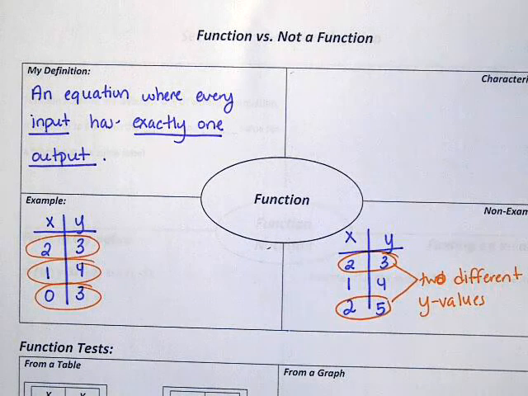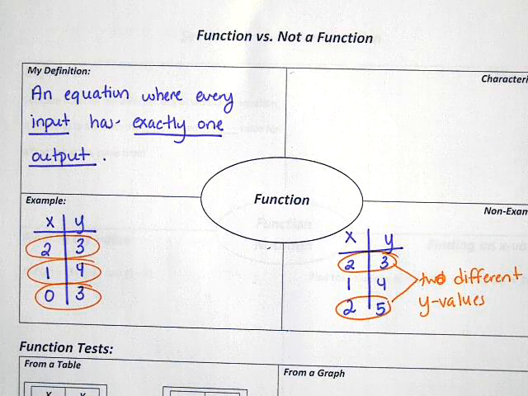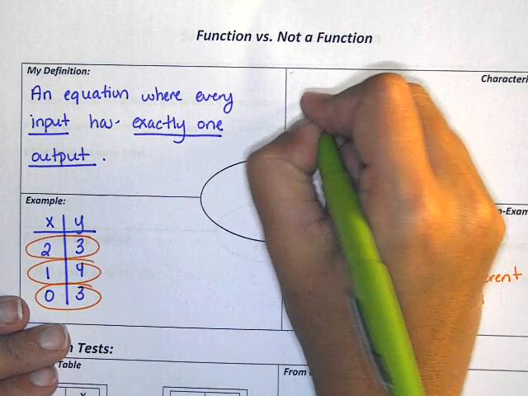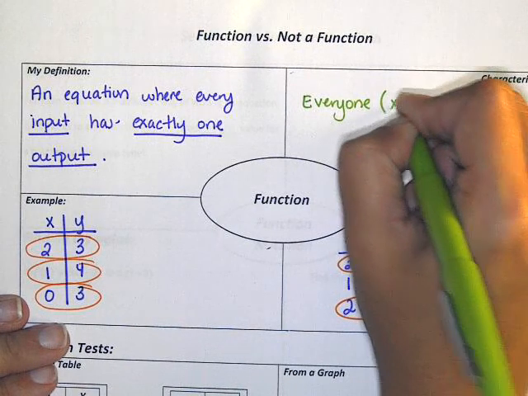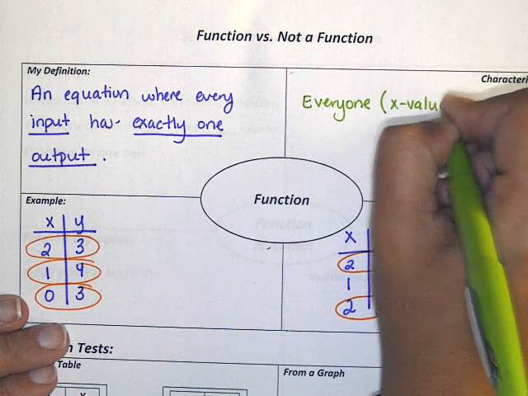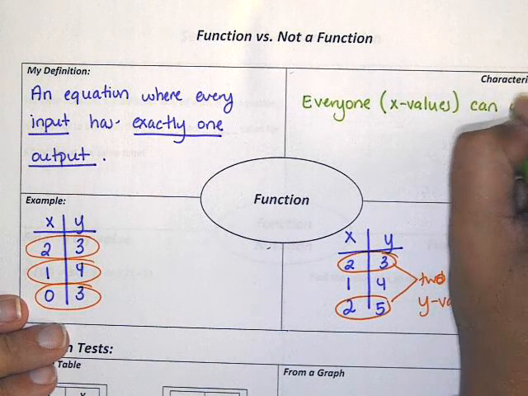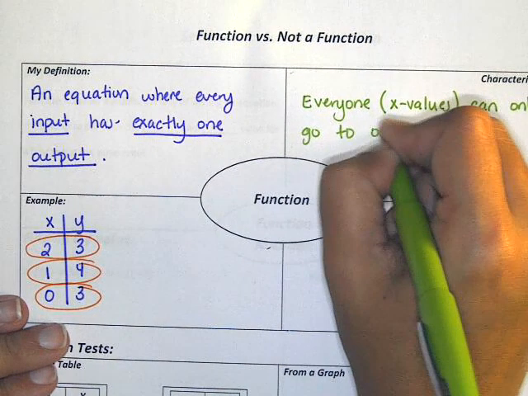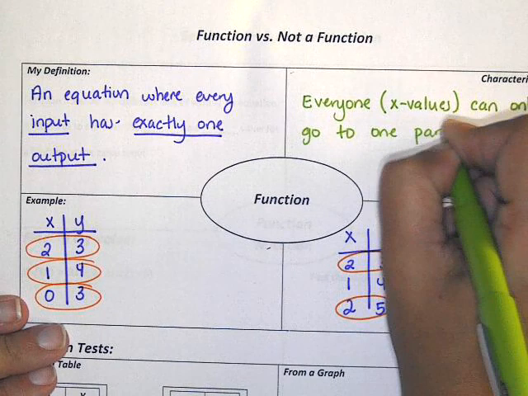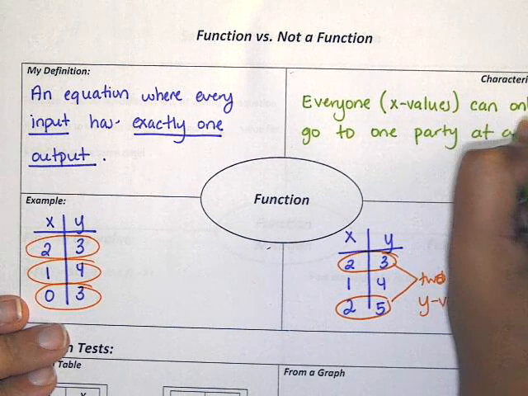So the way that I really usually describe this is like this. Everyone, and by that I mean the x values, can only go to one party at a time.